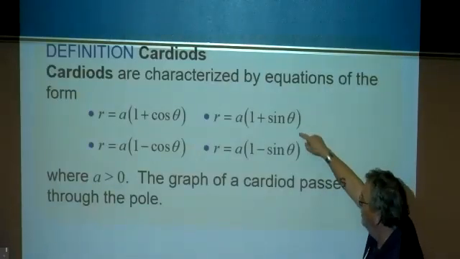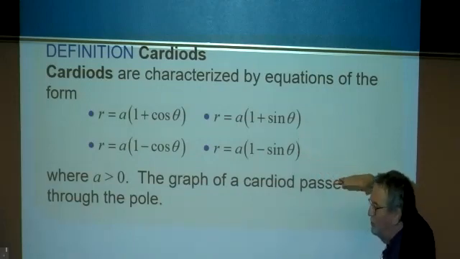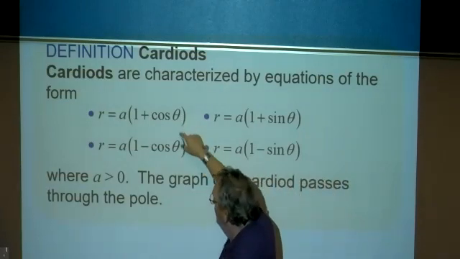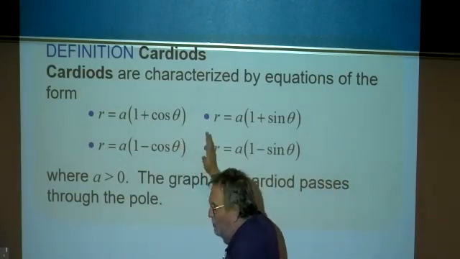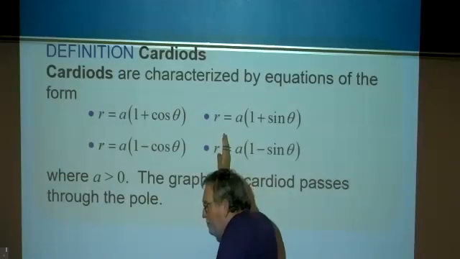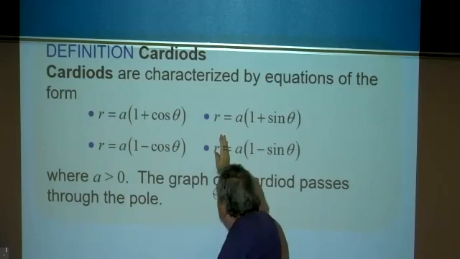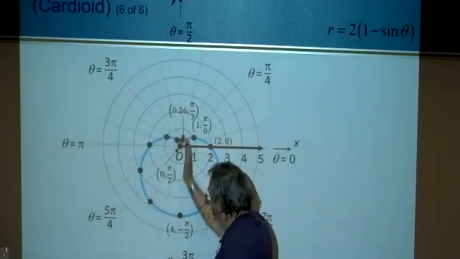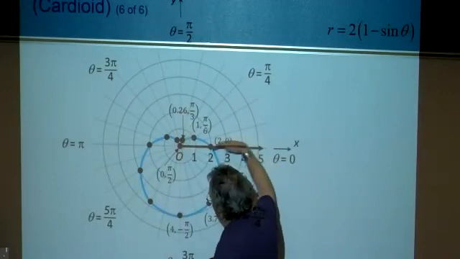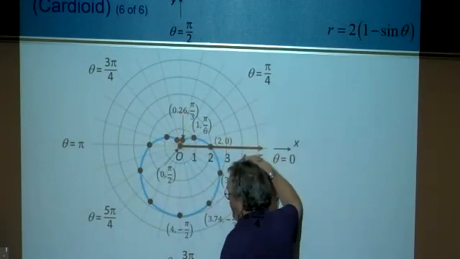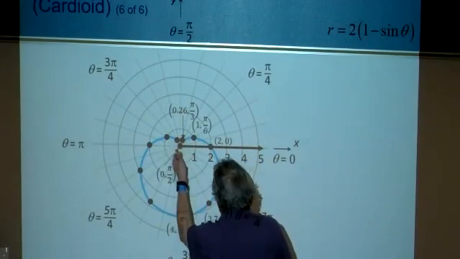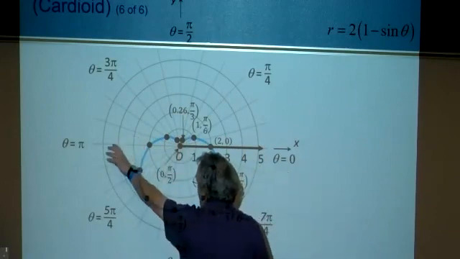So these two are mirror images of each other across the polar axis, where these two are going to be mirror images of each other across theta equals pi over 2. So instead of being arranged with this orientation, it'll be oriented along here. So it's either coming out this way or going out that way.